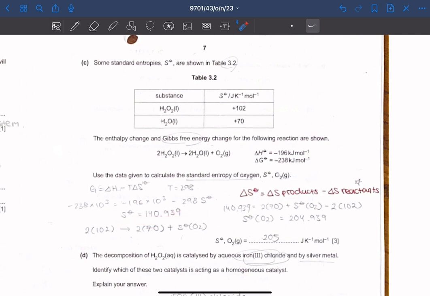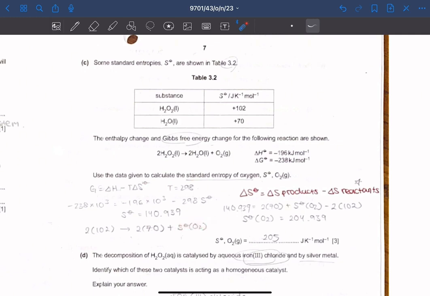But then the entropy change is actually entropy of products minus entropy of reactants. It's always products minus reactants for entropy. So first is for H2O2, 102. So 2 times 102 becomes 2 times H2O, 70. 2 times 70 plus O2 is the entropy of oxygen.